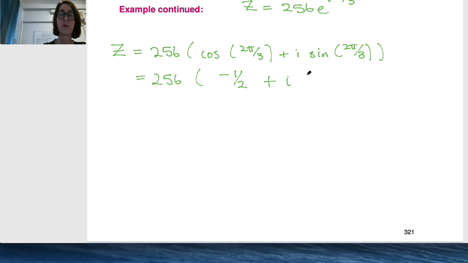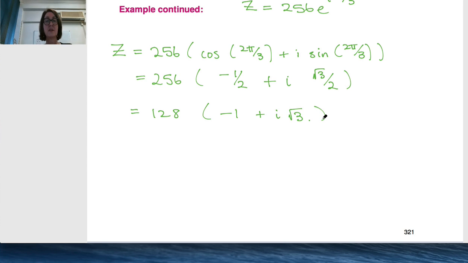Sine of 2 pi on 3 is root 3 on 2. So this is 128 times minus 1 plus i root 3. So really it's not too much harder than just finding the complex exponential form of the complex number to start with.